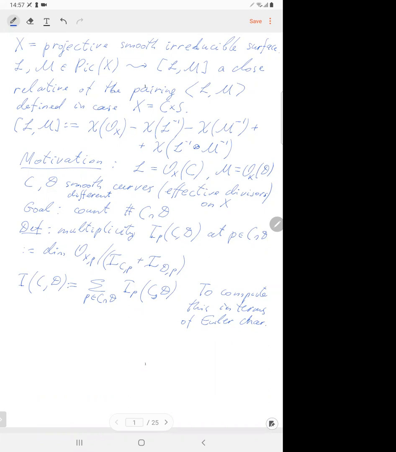But then their intersection necessarily has dimension 0, and any variety of dimension 0 is finite, right? Finitely many points, because we're in algebraic geometry, not in analytic. Okay, so we want to compute this in terms of Euler characteristics, and then we consider the standard resolution.